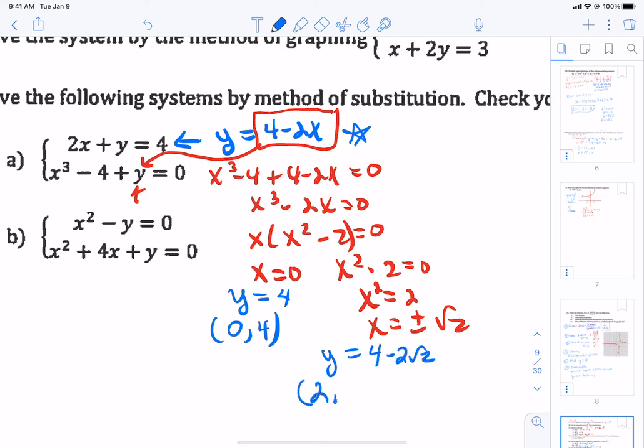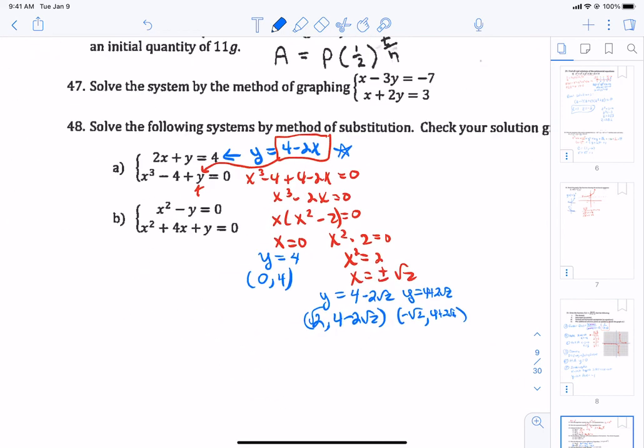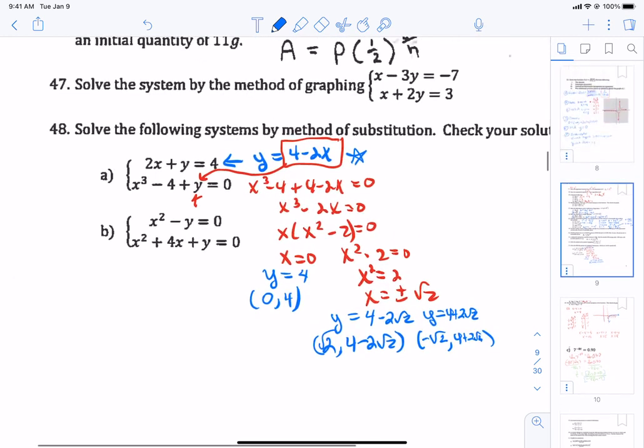So that would be the point square root of 2, 4 minus 2 square root of 2. And then if I plug in negative square root of 2, I get 4 plus 2 square root of 2. So we get 3 points of intersection for number 48.